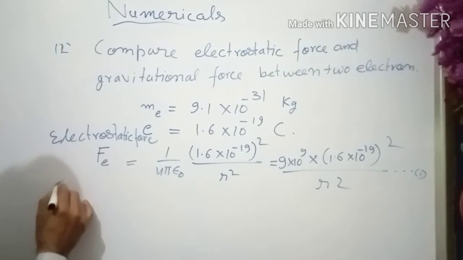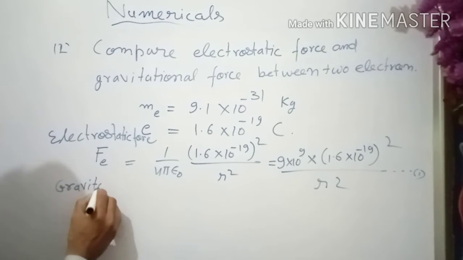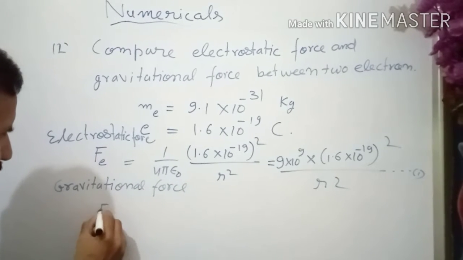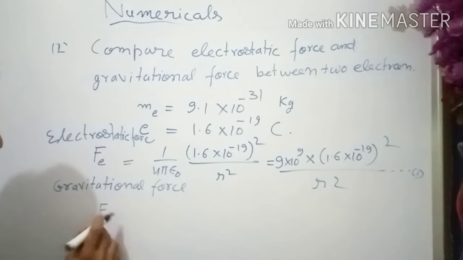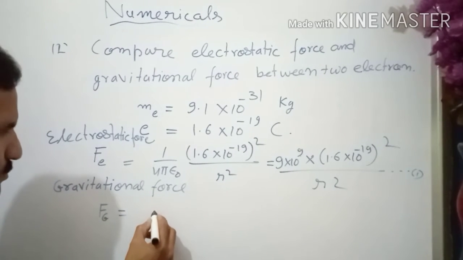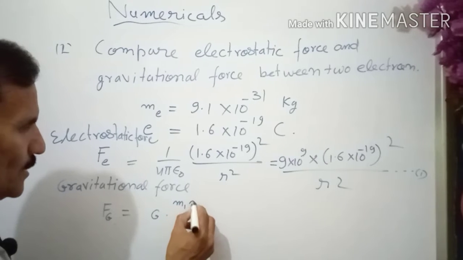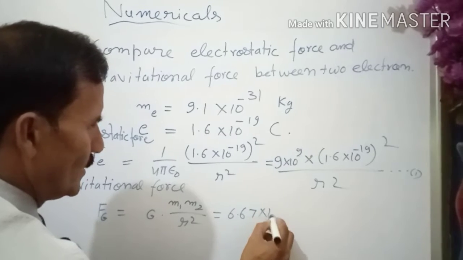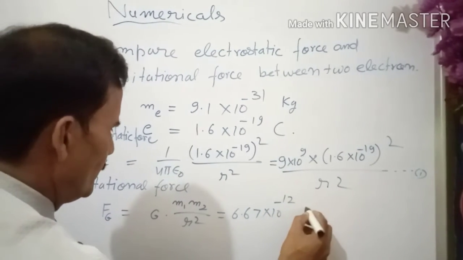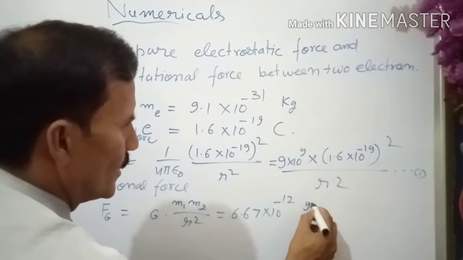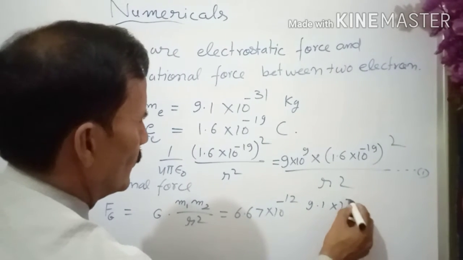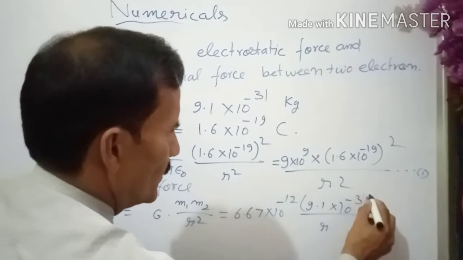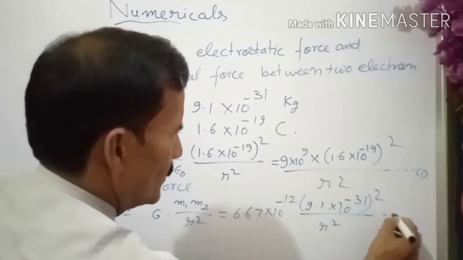Now the gravitational force, that is Fg. It is equal to G m1 m2 upon r square, with G 6.67 into 10 to the power minus 11, and m1 m2, so (9.1 into 10 to the power minus 31) whole square, because both are the same, upon r square.